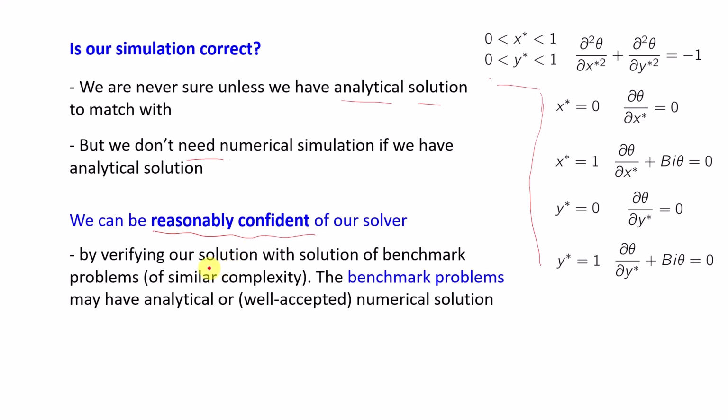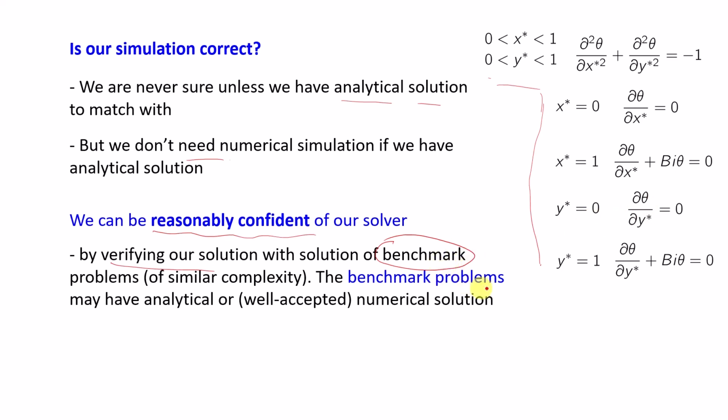The first thing that we do is verify our solution with certain benchmark problems of similar level of complexity. If this is my actual problem, and I assume that there is no analytical solution for it, then we have to solve problems which are close to this and for which a benchmark solution is available.